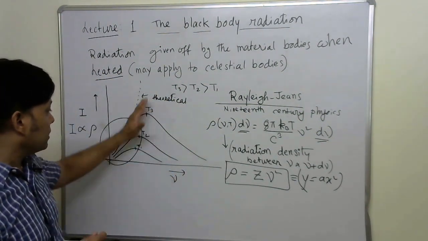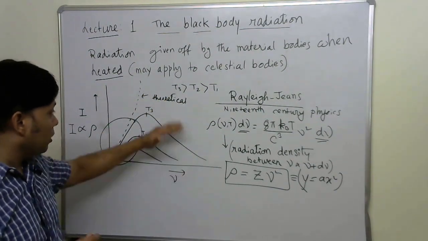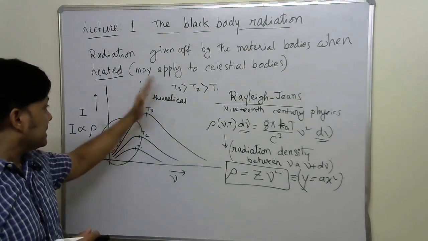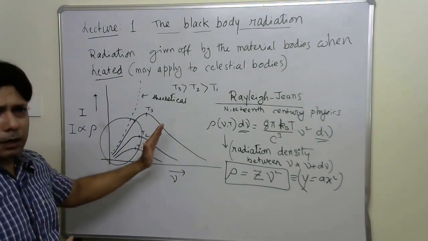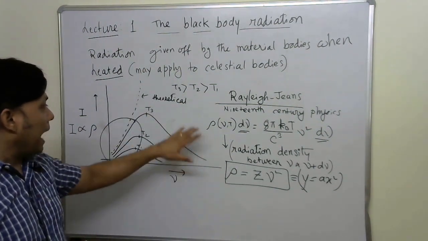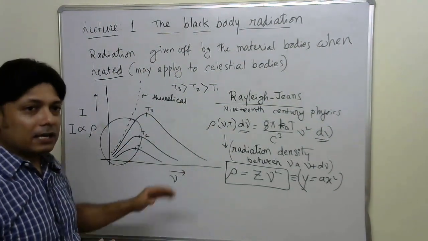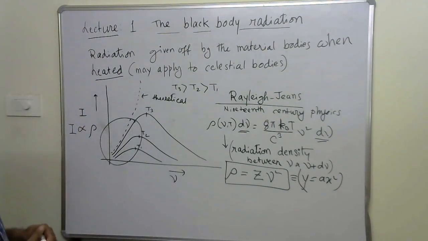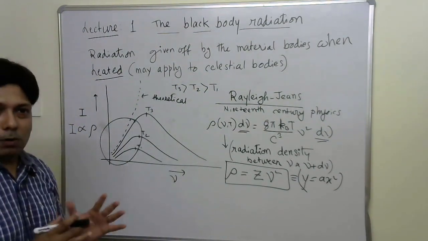That means in the UV-visible region, or the near UV region, the theoretical prediction completely fails, and that phenomenon at the time was known as the ultraviolet catastrophe. So what was the problem in that?